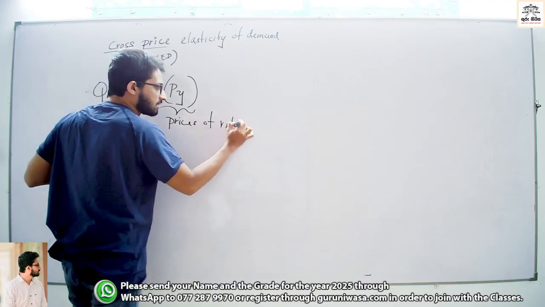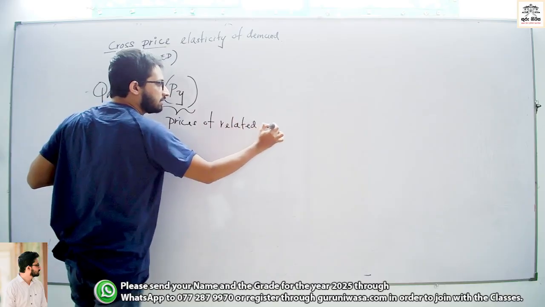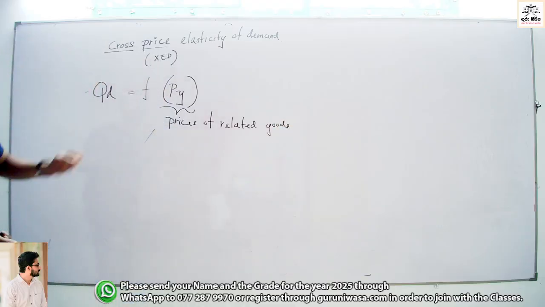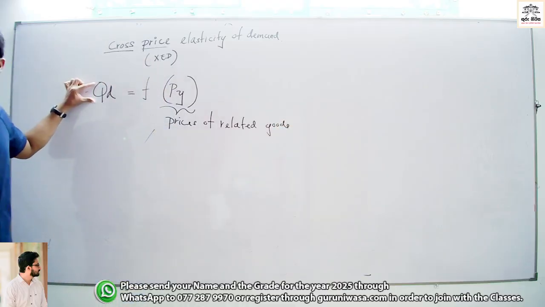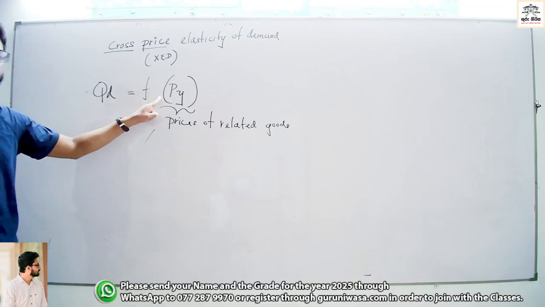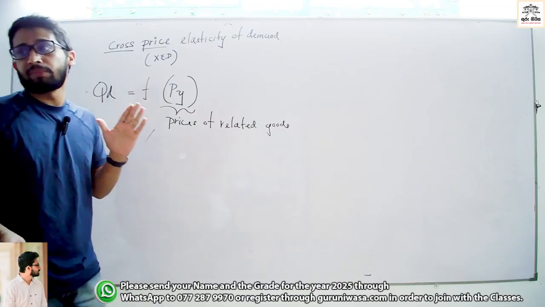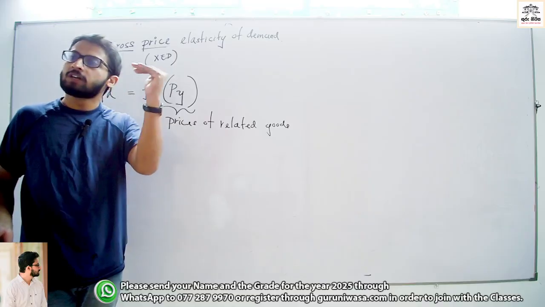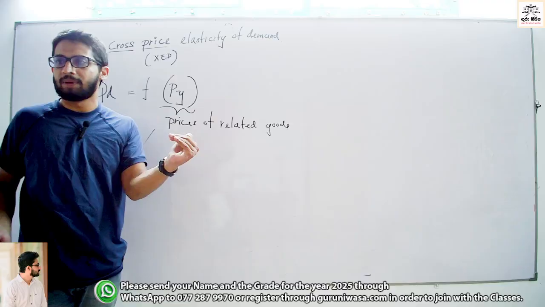So cross price elasticity of demand measures the responsiveness of quantity demanded to a change in which determinant of demand? Prices of related goods. Remember, right?